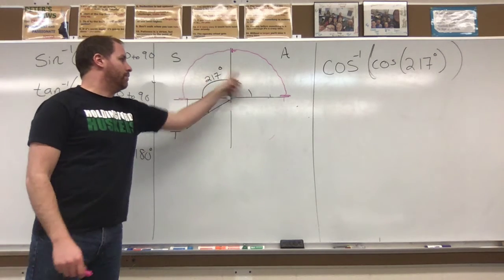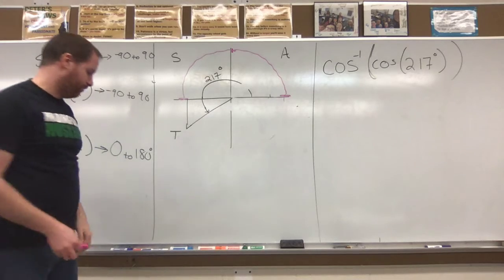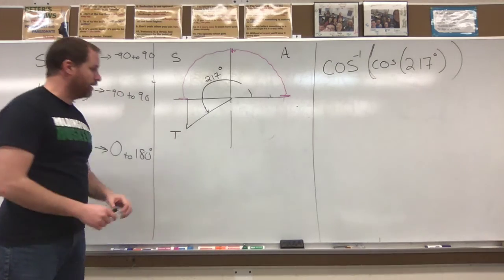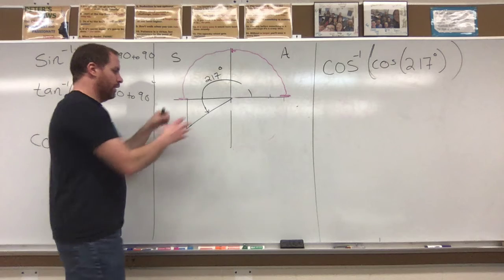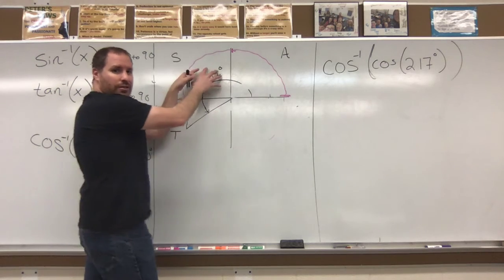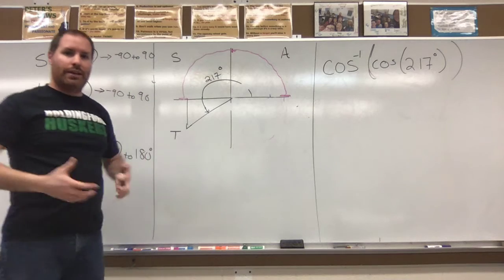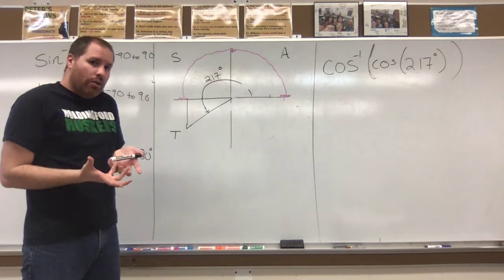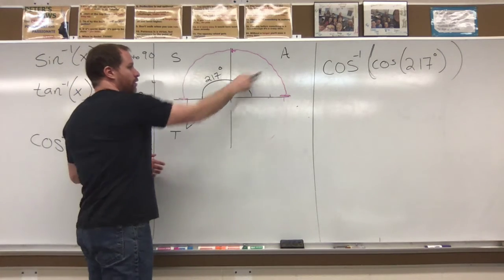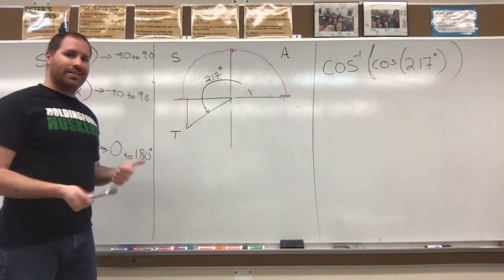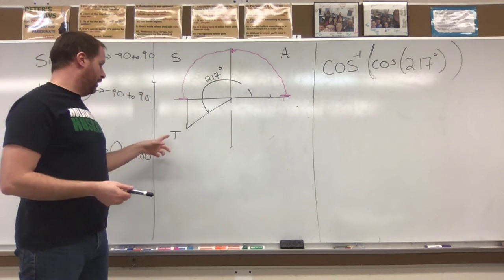The triangle has to be in one of these two quadrants. So I'm going to take this triangle and reflect it up into one of these two, but I have to decide where it needs to go. It could be here, it could also be here. Which one makes the most sense?